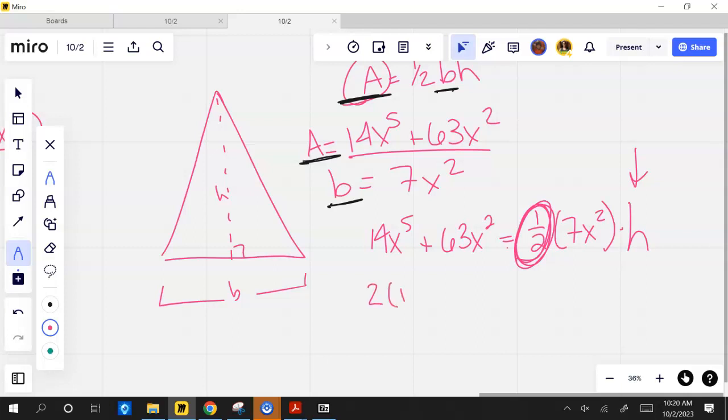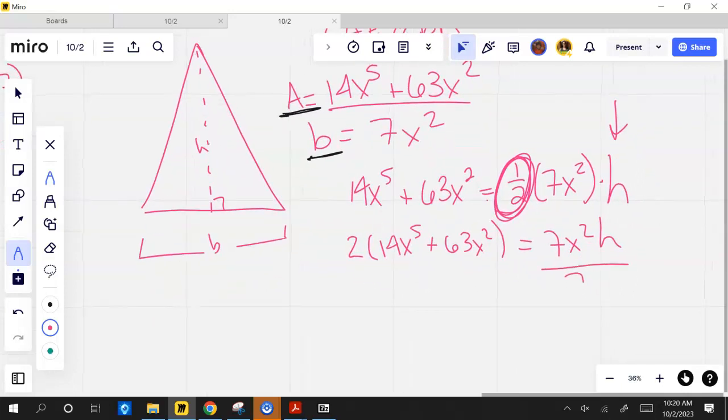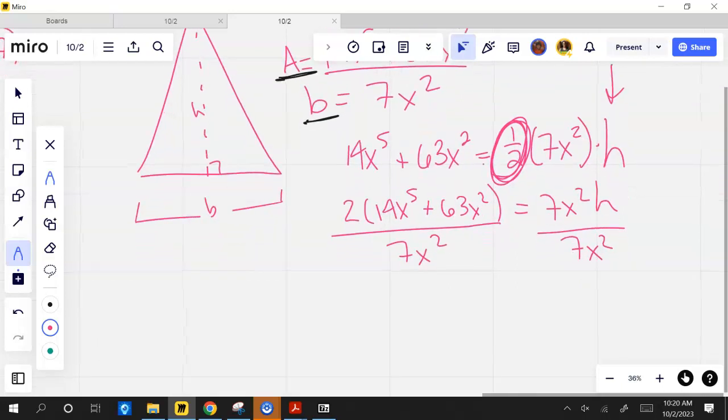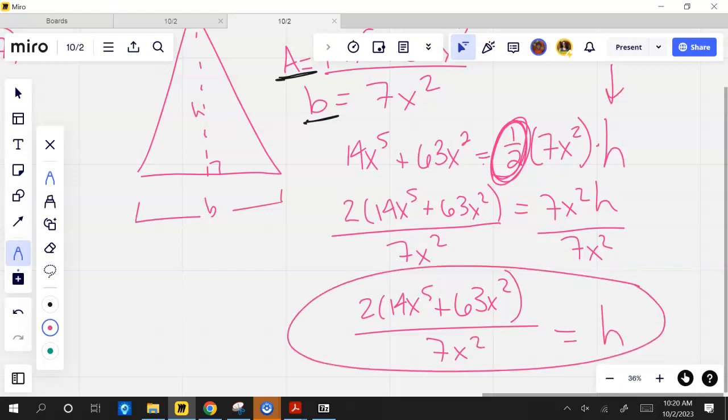So I'm going to have 2 times 14x to the 5th plus 63x squared. Now let's divide that by 7x squared. And again, unless they tell me to simplify or write it as a polynomial in standard form, I'm just going to leave it just like that. Even though this will simplify nicely, I don't care because I did what they told me to do.